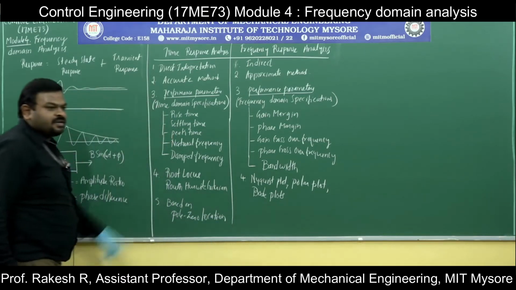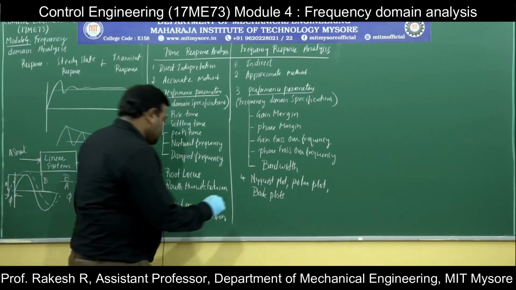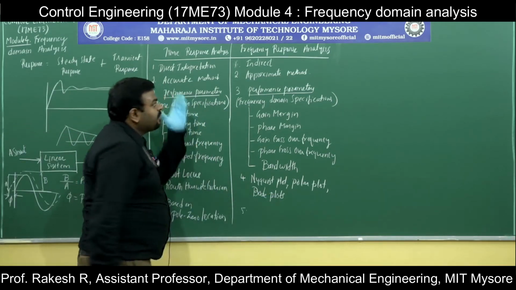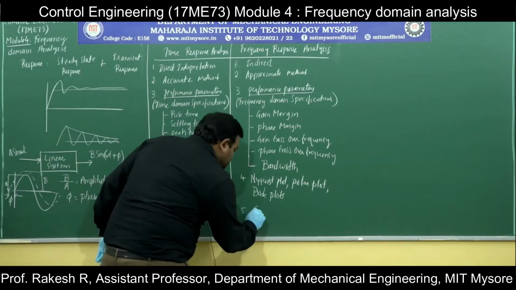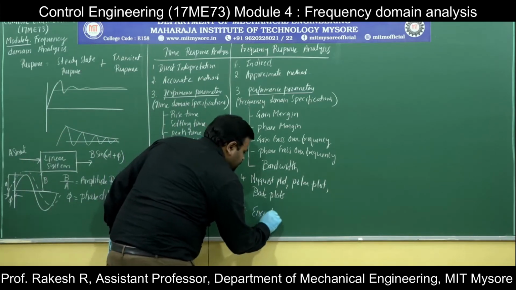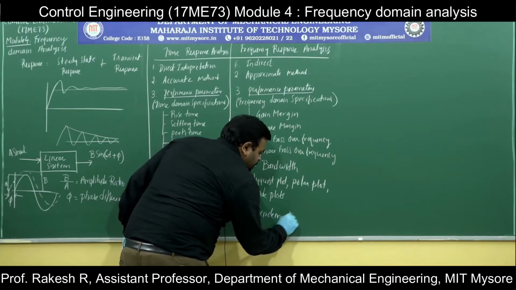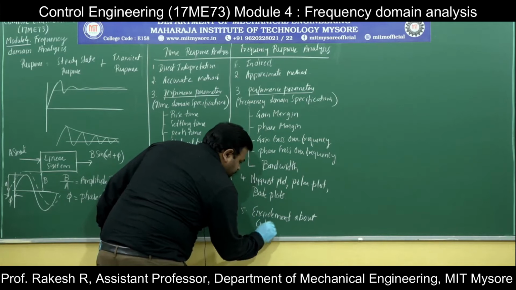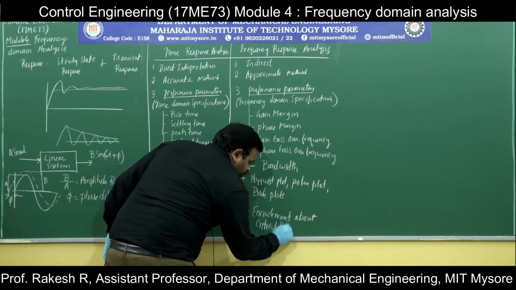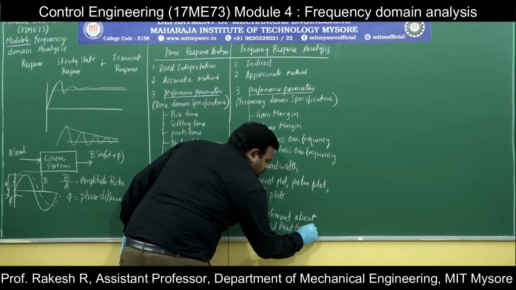Pole zero location, but Nyquist plot, or frequency response analysis, is based on encirclements about critical point -1 plus j0.